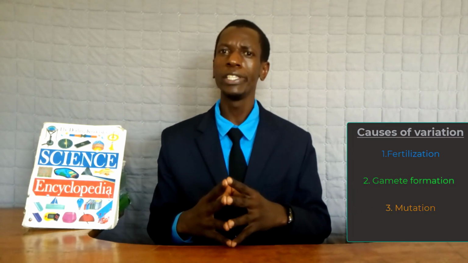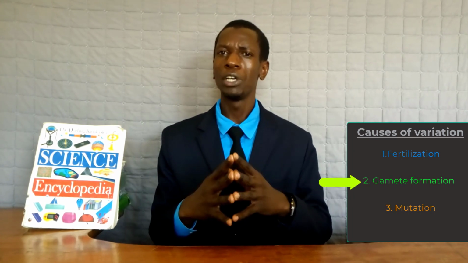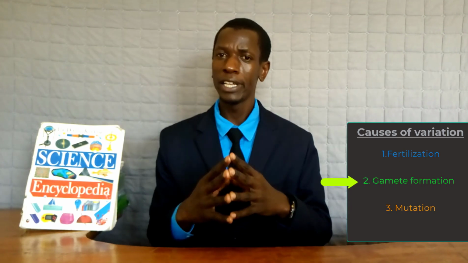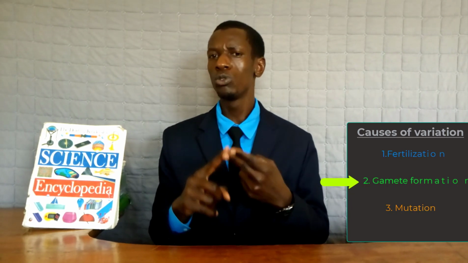Previously, I had explained how the gamete formation process causes variation, whereby I said that it is caused by the two major processes that take place in gamete formation.